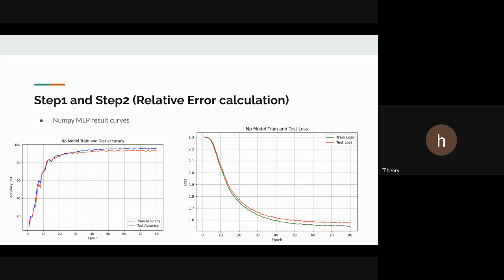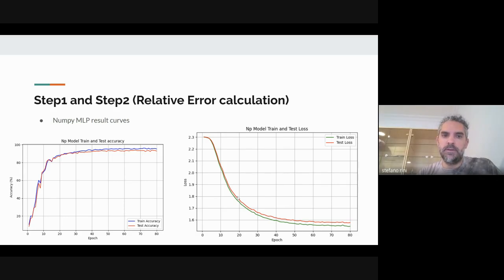Our batch size is 8, and we use SGD as the optimizer. Our epoch number is 80, and we use softmax and sigmoid as activation functions. Oh, you use sigmoid as an activation function, okay? Yes, we use sigmoid.